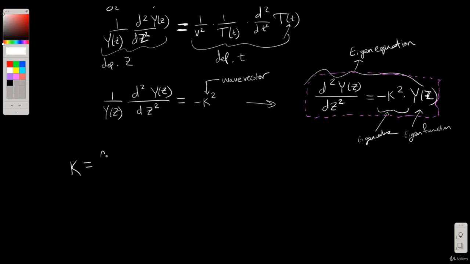It's equal to 2 pi over lambda, where lambda is our wavelength. This is the definition of the wave vector, by the way. So that's how that looks. And here we have units of 1 over meters, of course. That's our units.